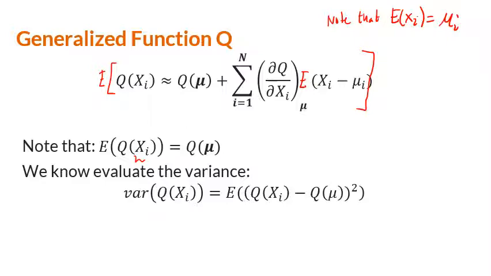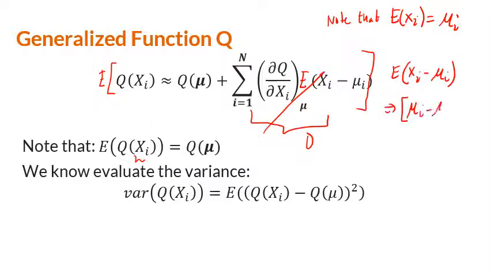So if we take the expectation value of the whole thing, the second term will have a zero value, since the expectation value of x sub i minus mu sub i is equal to mu i minus mu i, or this is equal to 0.